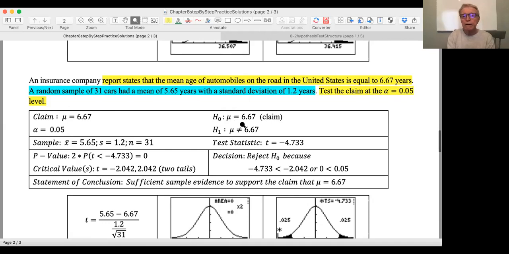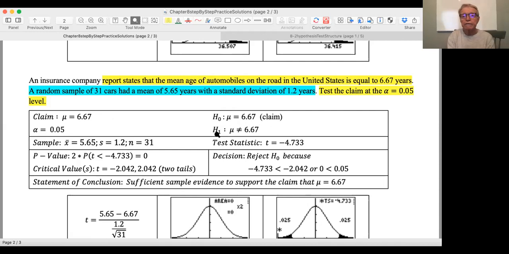And now we're going to build H0 and H1. And remember, the claim includes equality. Therefore, the claim will be in H0. And we'll use mu because we always use the same parameter as we have in the claim. Same number, 6.67, and H0 is always equal. And that's what makes H0 the same as the claim in this case.